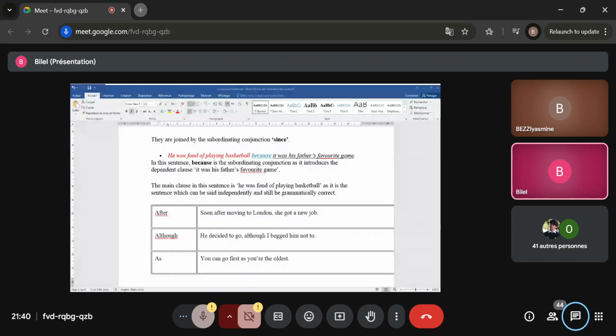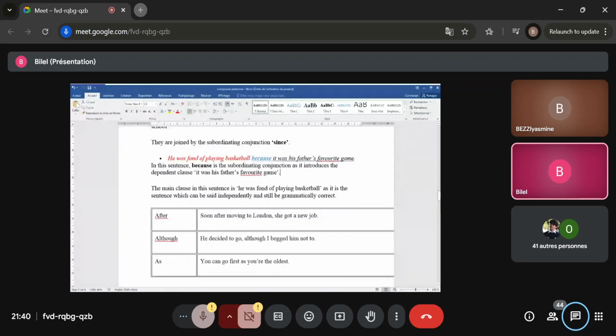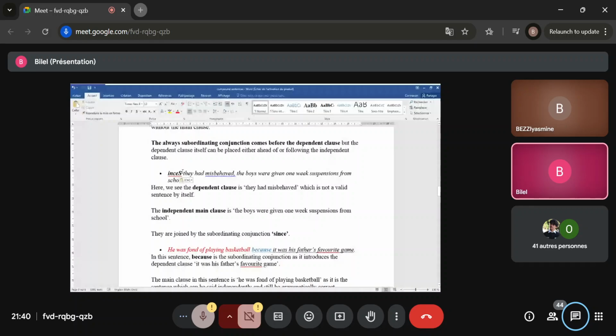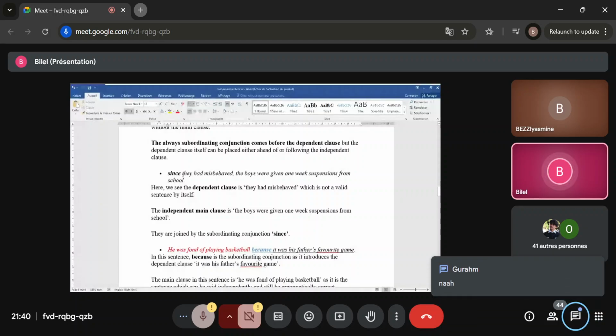Talking about since, about the subordinating conjunction, you need to read the sentence, some logic comes to your mind. When you read the whole sentence, you will understand.